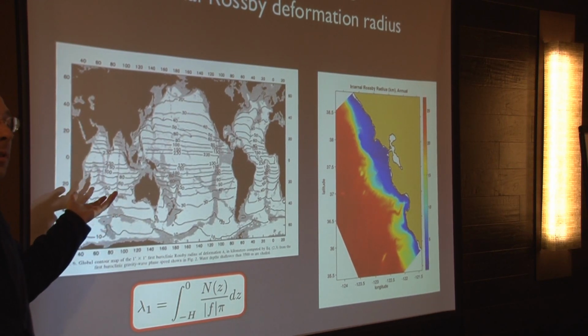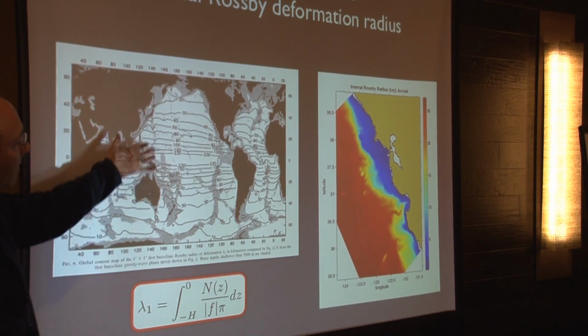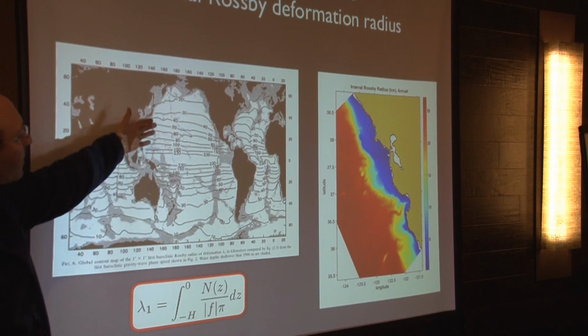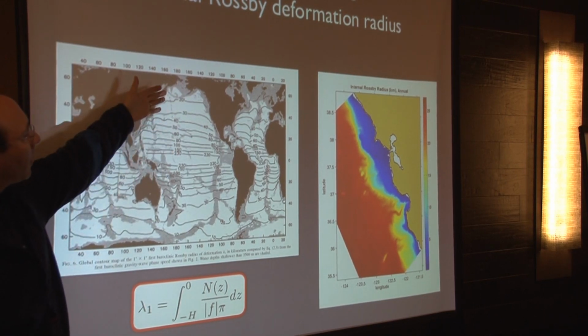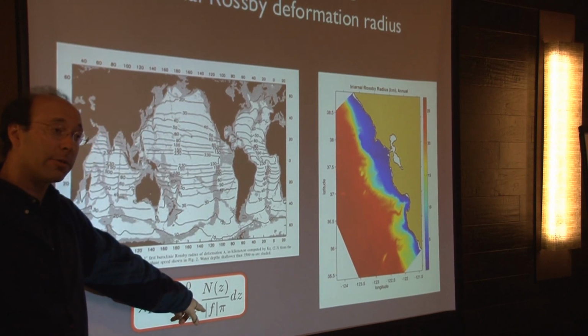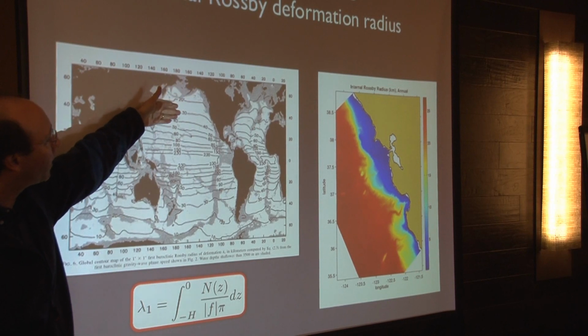One of them is one that's very commonly referred to as the internal deformation radius. And this is a nice map of it over the global ocean by Dudley Chelton, which shows its variability with latitude. It depends inversely on the Coriolis parameter. And so it's relatively small at high latitudes, 20, 30, 40 kilometers.